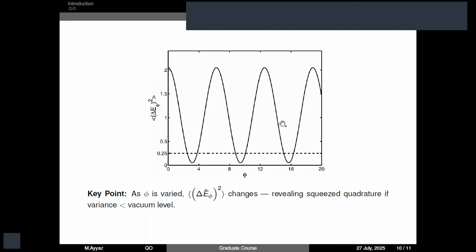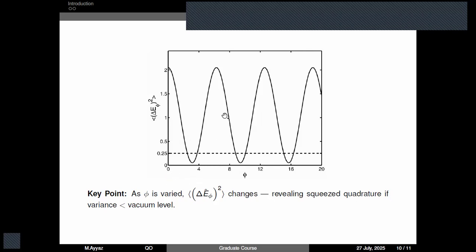Here is a graphical representation, and we have plotted our quadrature fluctuations against the phase of the local oscillator. We can see that for some values of the phase, the fluctuations are quite high. On the other hand, for some values of the phase, the fluctuations are below the vacuum level.